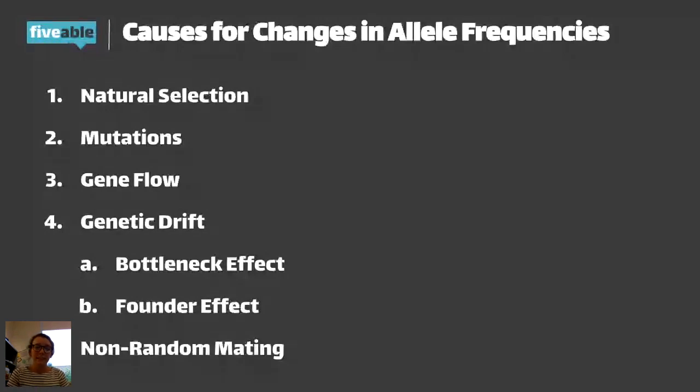Okay. Last one for changes in allele frequencies is non-random mating. And that goes back to what we were talking about a little bit earlier with sexual selection. Non-random mating just means that you are having a choice in your mate, okay? On the flip side, which is kind of the easiest way to describe non-random mating, completely random mating means that whoever you bump into is your mate, right?